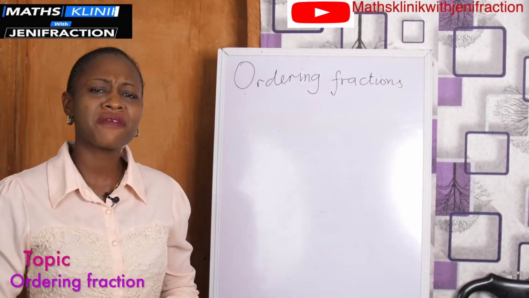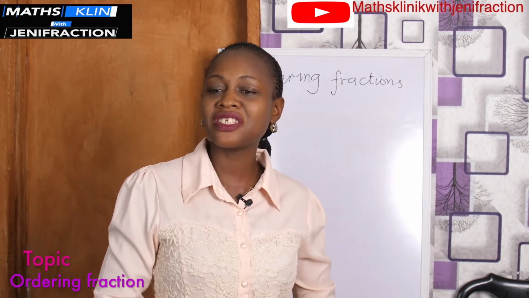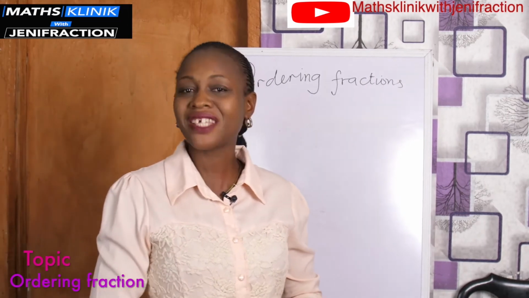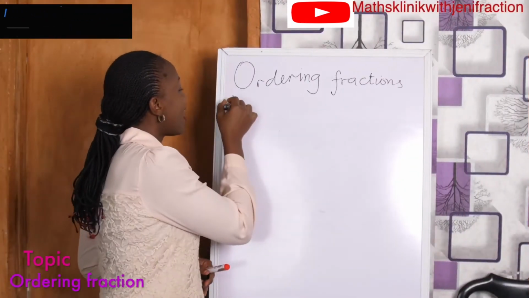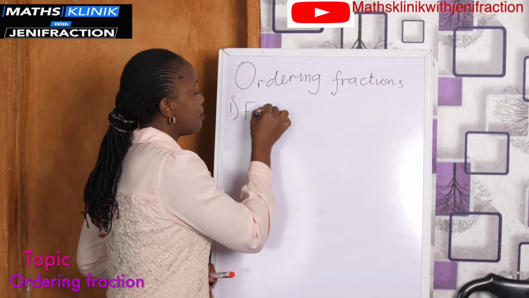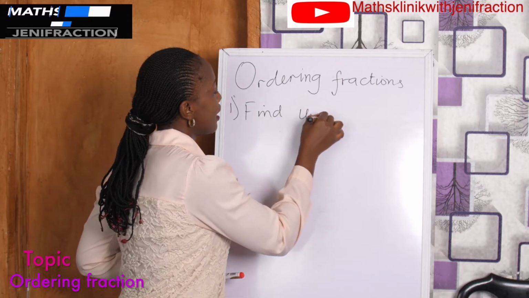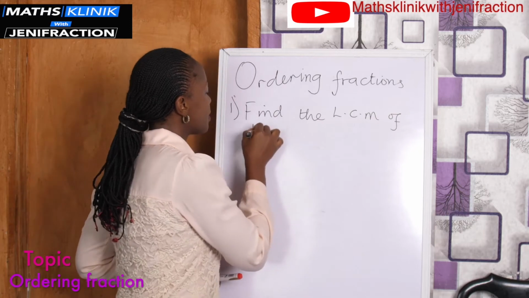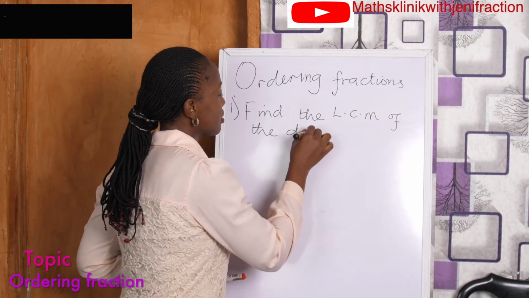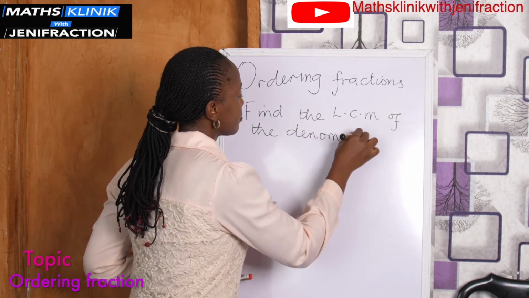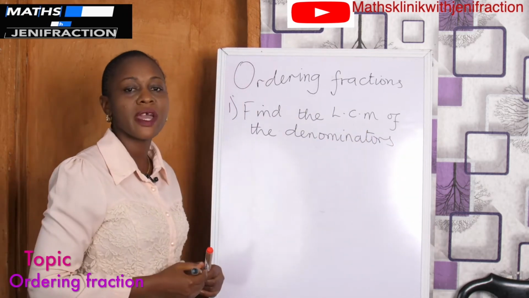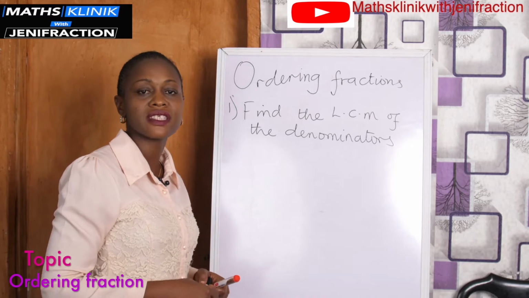When comparing fractions or when arranging more than 2 fractions, there are some steps we have to take. Step 1, find the LCM of the denominators. That's the first step.